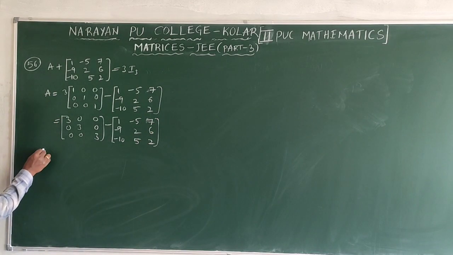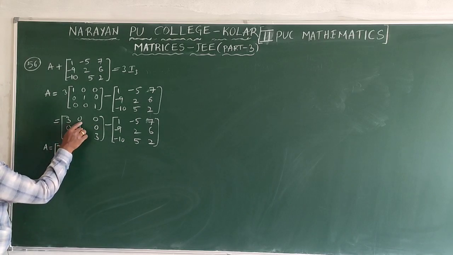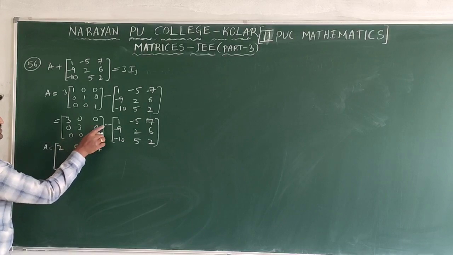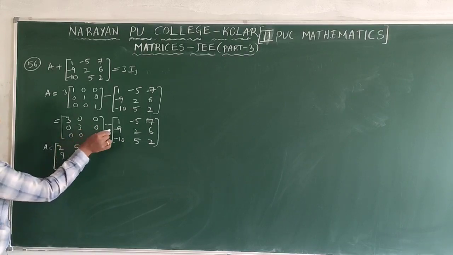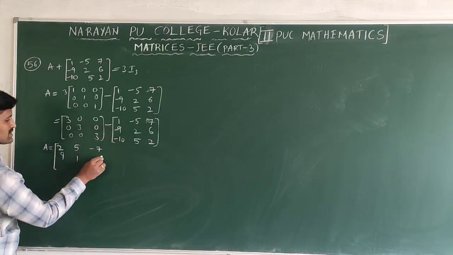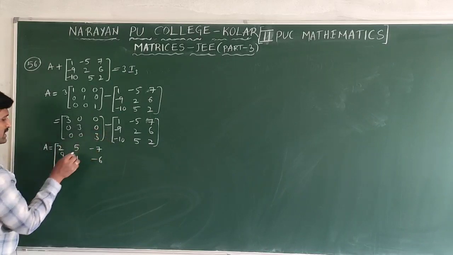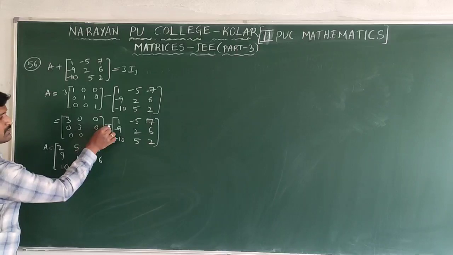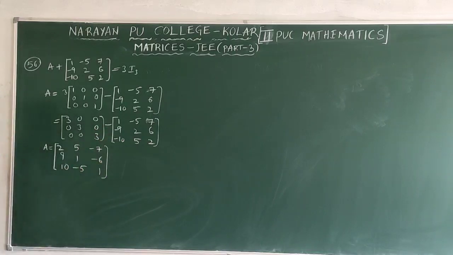If we subtract these two matrices, we will get the required A matrix. 3 minus 1 is 2, 0 minus of minus is plus 5, 0 minus 7 is minus 7, 0 minus of minus is plus 9, 3 minus 2 is 1, 0 minus 6 is minus 6, 0 minus of minus is plus 10, 0 minus 5 is minus 5, 3 minus 2 is 1. We got the A matrix.